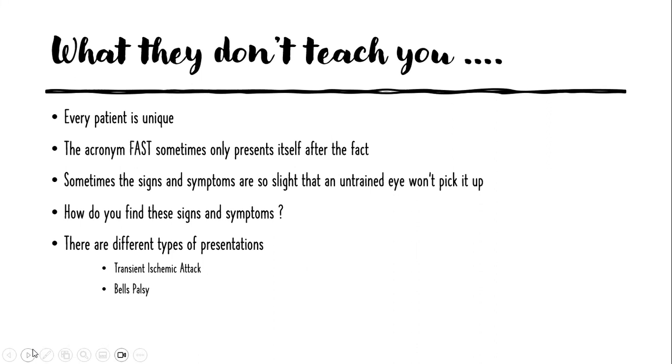Now, when we look at a stroke or a cerebrovascular accident or event, there are different types of things we can look for. Sometimes we have what we call a transient ischemic attack. Transient would be something that is moving through. Ischemia would be death.